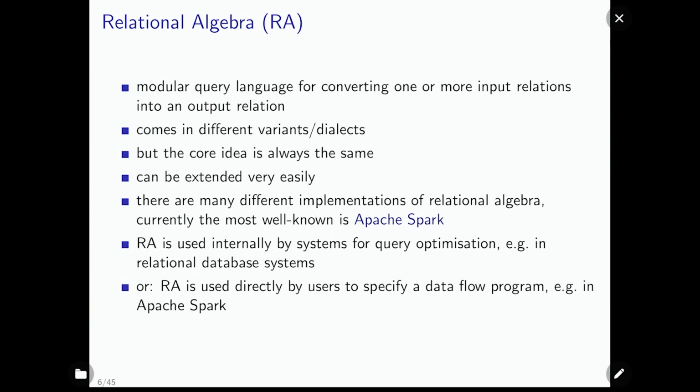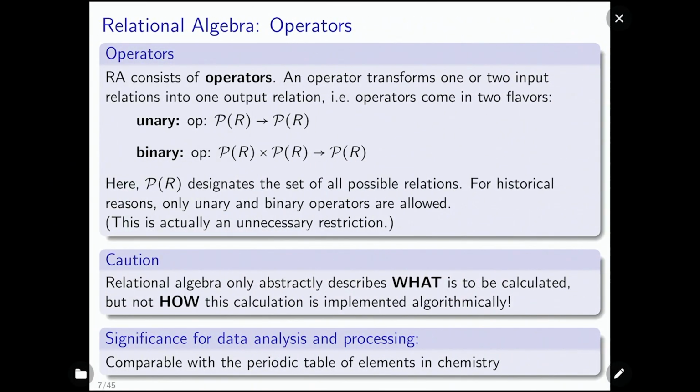So what is relational algebra? Basically, it's just a couple of operator definitions. So what is an operator? An operator is a function that takes as its input one or two input relations. Yeah, that's a parameter, one or two input relations, and outputs a relation.